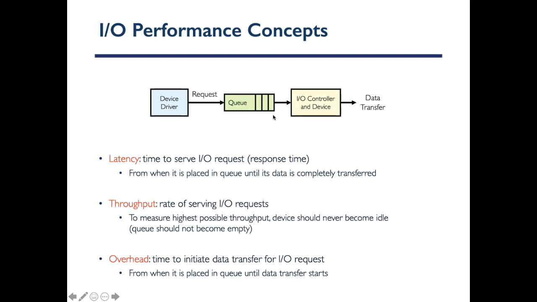Got a question. So are we talking about the CPU initiating a request or the device? Yeah, so the device driver is running on the CPU. So here, basically, when I have the device driver, this is the program running on the CPU, initiating a request, putting it on a queue, and then the I/O controller is going to dequeue from this and process those requests.